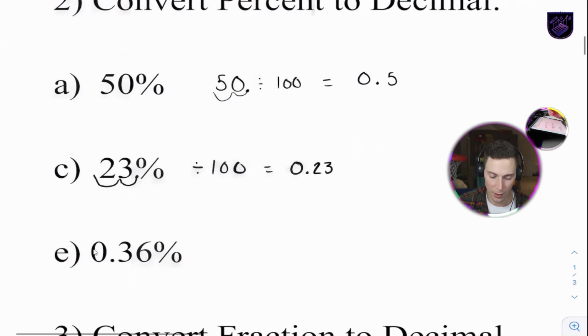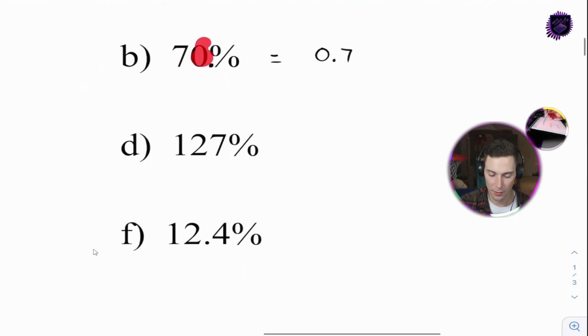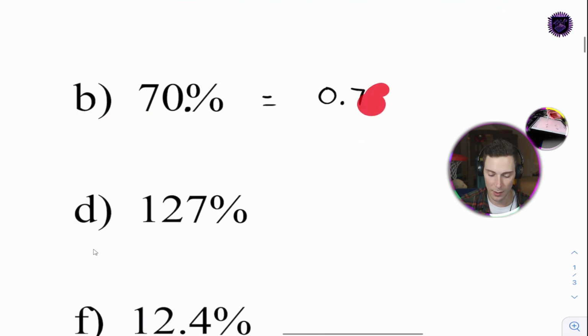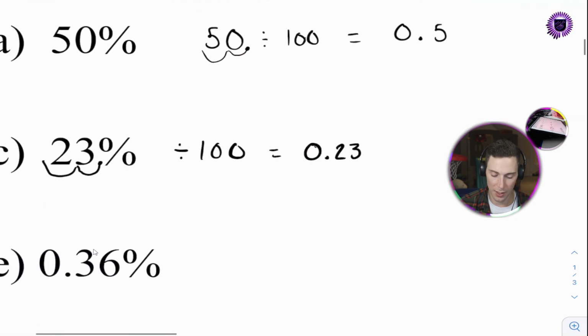Like up here, we dropped the 0, and we just have 0.5. And on this side, we drop the 0, but only because we don't need it there. 0.7 is the same as 0.70, whereas 0.23 is not the same as 0.20 or 0.2. So we can't just drop the second number unless it's a 0, just a placeholder at the end of our number.